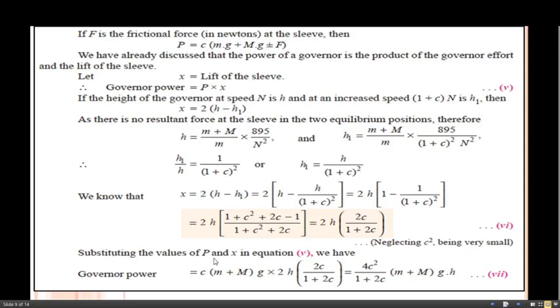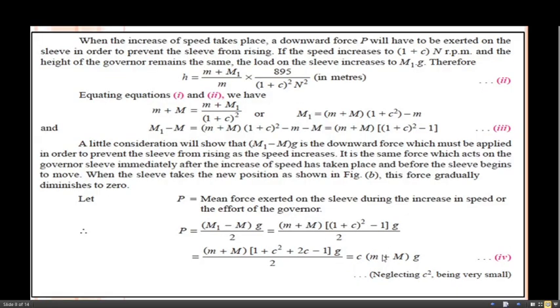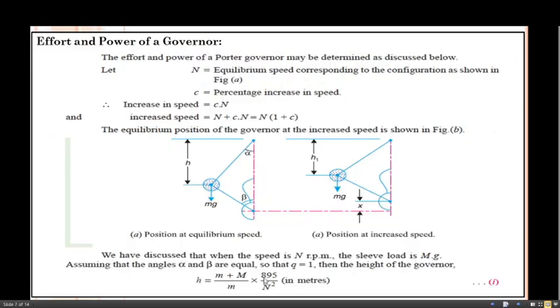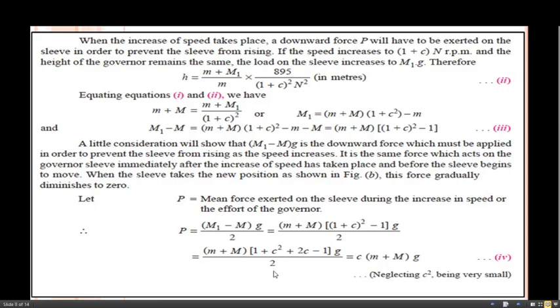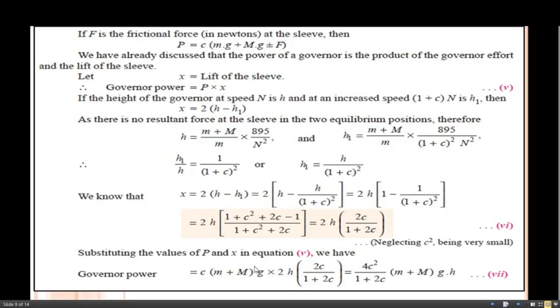Now substituting the value of p and x in equation number 15, what do we get here? Governor power is p into x. The p term is (m plus capital M) into g, multiplied by the x term, which is 2h into 2c divided by 1 plus 2c.